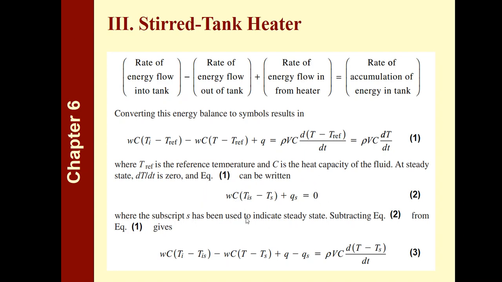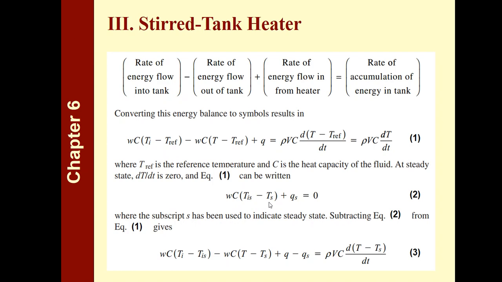Now, why do you think that we have this representation here? If you're going to combine these two, this T reference will simply get cancelled out. What is left is the T sub I and the T here. And since we are evaluating at steady state condition, the T sub I will now be T sub I S, and the T would be the T sub S in this case.